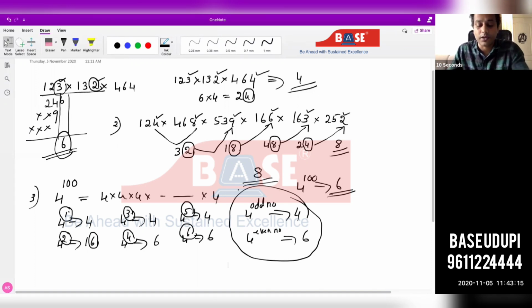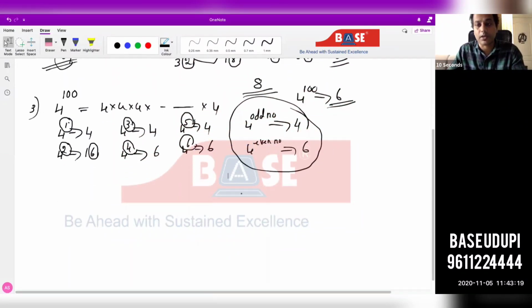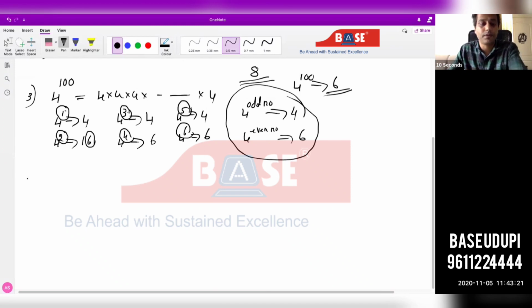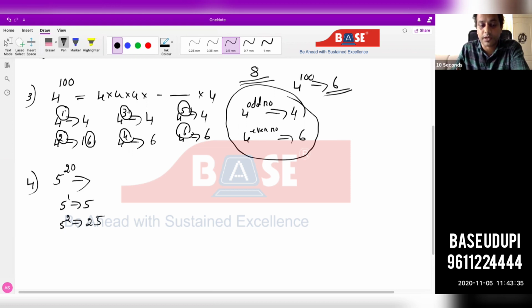All right. Next one. Let's take other digits now. We're done with 4, but there are 10 digits, remember. So let me take the next type, say 5 to the power 20. The first step is always finding 5 to the power 1. Keep it simple, nothing to memorize. Then 5 to the power 2, which ends with 5 again.